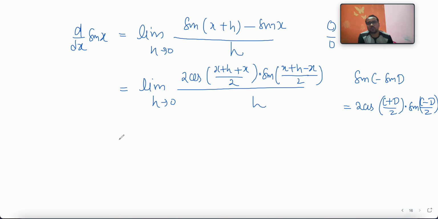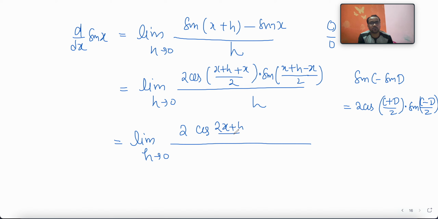upon h. Now this will give you limit h tends to 0 2 cos of (2x plus h) upon 2 into sin of h upon 2 upon h.